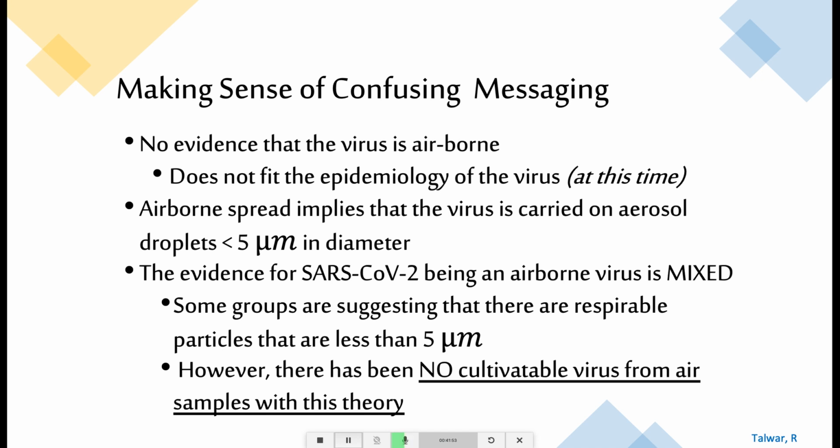There are some studies implying that the virus can be carried by aerosol droplets that are less than 5 micrometers in diameter. However, a lot of these studies have been rejected or debunked, because the virus they're seeing, that they think is being transferred by aerosol, is actually not live virus.